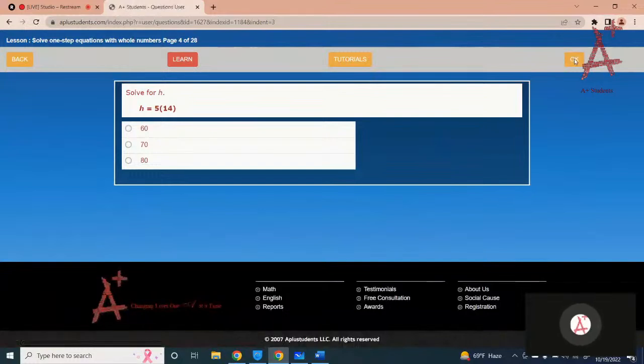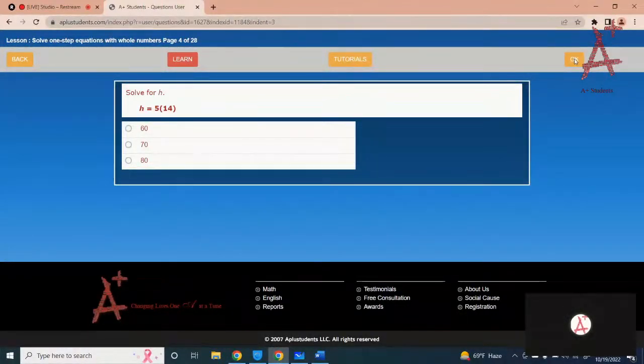Please communicate with me. If you know the answers, you can write the answer in the chat box. Your communication is highly appreciated. Got it? Okay, the next one is h equals 5 times 14. So h is already isolated. Just multiply the given numbers. So it would be 14 times 5 is 70.